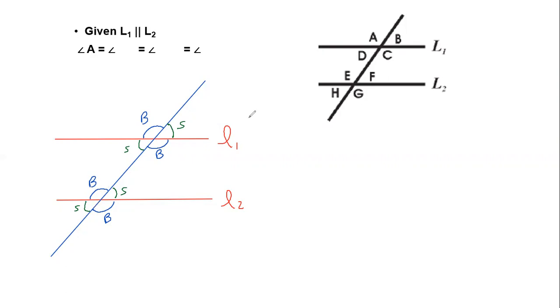Very basic idea. So here I can clearly see this angle A is actually a big angle. So angle A will be equal to angle C, equal to angle G, and equal to angle E. All these four angles are big angles. So all of them will be equal. Angle A is equal to angle C is equal to angle G is equal to angle E. All big equal to all big, all small equal to all small.